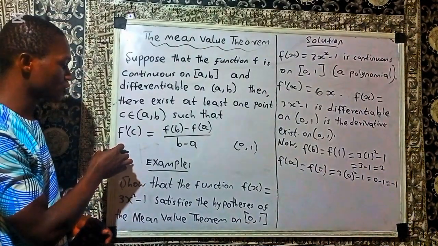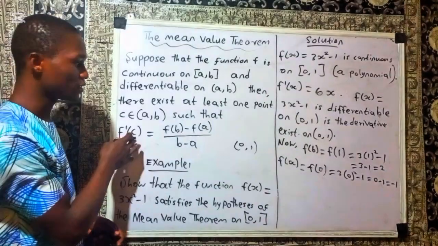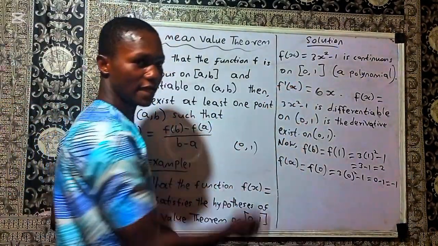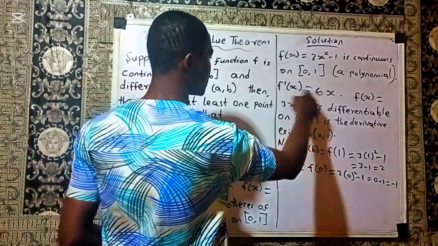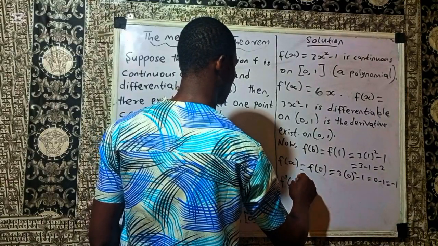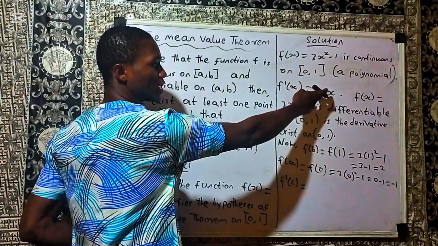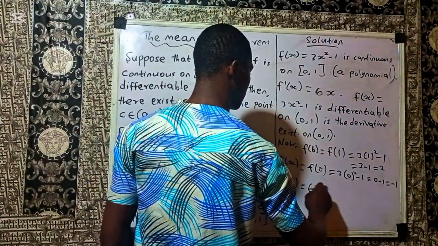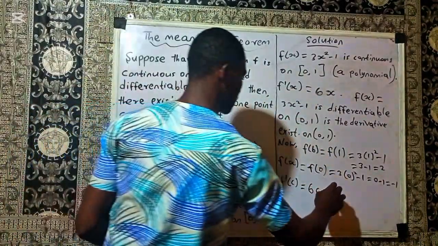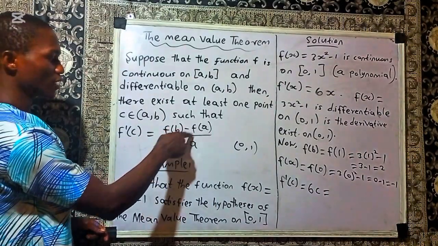Then let's evaluate this expression. We have f prime at c. Let's come to your derivative and replace x with c. So f prime at c is equal to 6c, and by the mean value theorem, we are going to equate it with this, right?